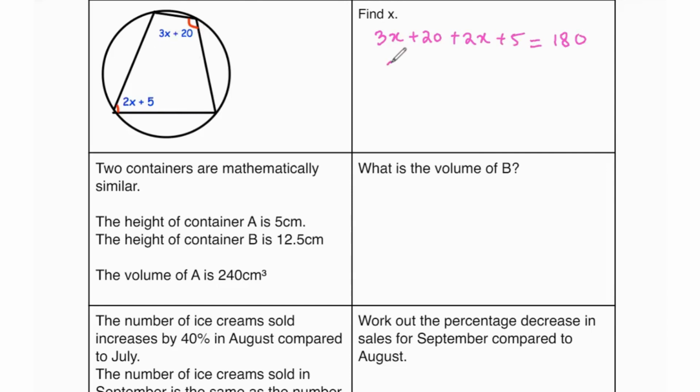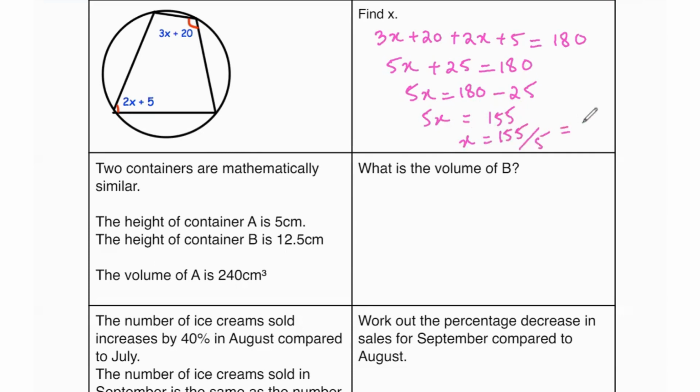Combine the like terms. 5x plus 25 equals 180. 5x equals 180 minus 25, which would be 155. And x is going to be 155 divided by 5, and that gives us 31. That is your value of x.